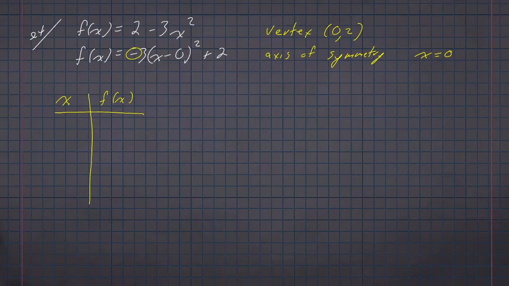There's not really anything going on here. So since there's no transformation in the x direction, I know that I can take my same key points at negative 2, negative 1, 0, 1, and 2. If x shifts, then I will want to move those key points with it.